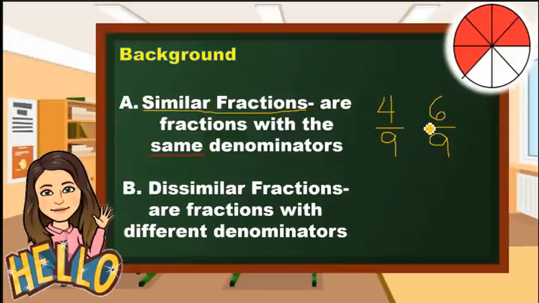Like this. 4/9 and 6/9 are similar fractions because they both have the same denominator, which is 9. Okay. So do you now understand what is similar fractions? So again, similar fractions are fractions with the same denominators.